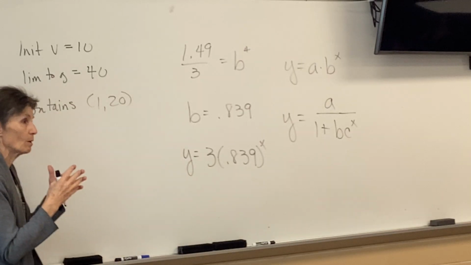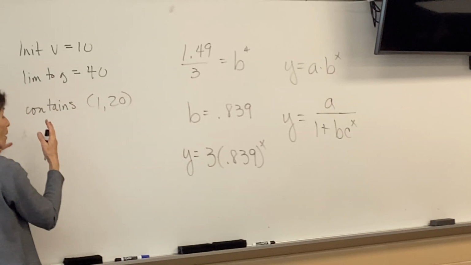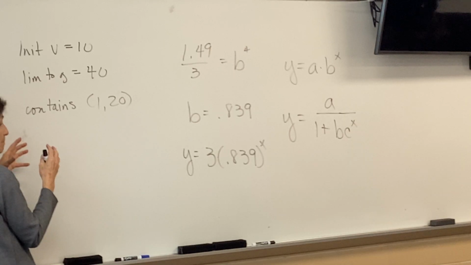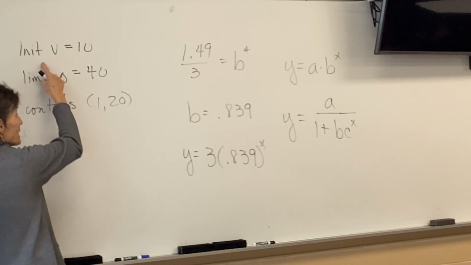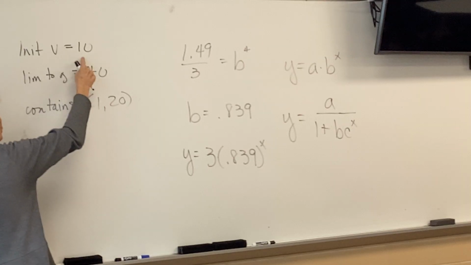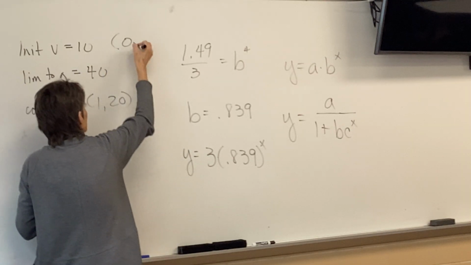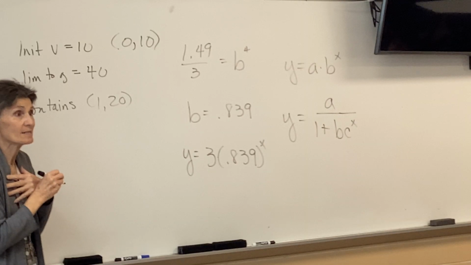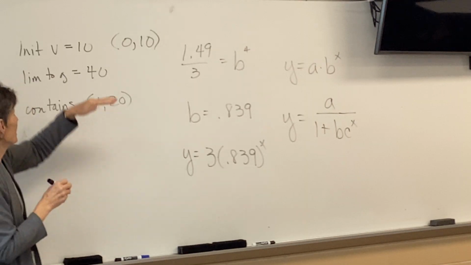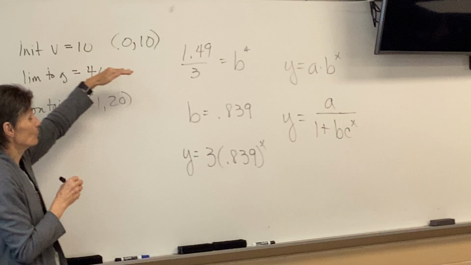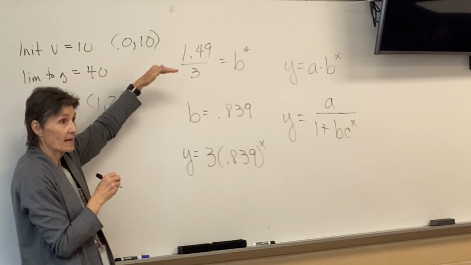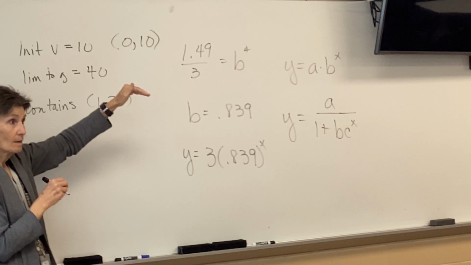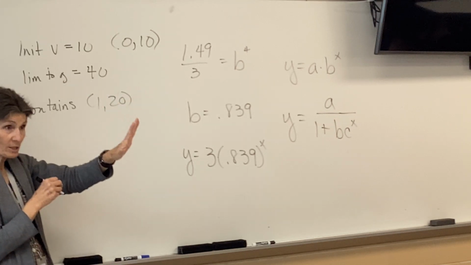In these problems, they don't tell you the points. You have to understand that the initial value is the y value when x is 0. The initial value is 10, so that's the point 0, 10. Start with that point, just like we did before.